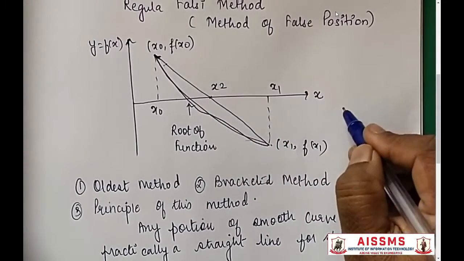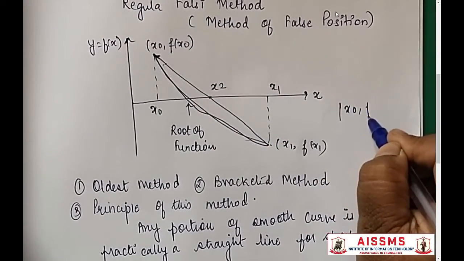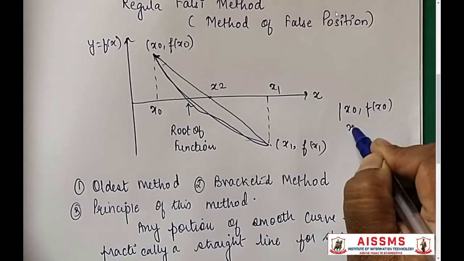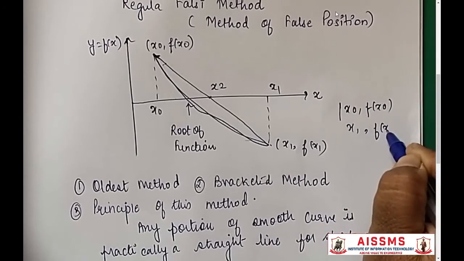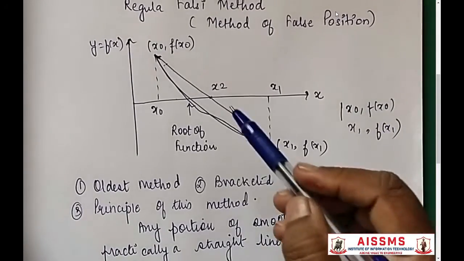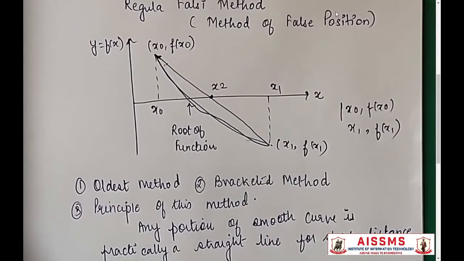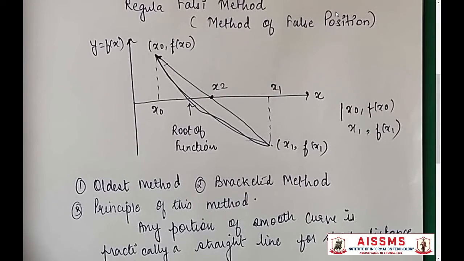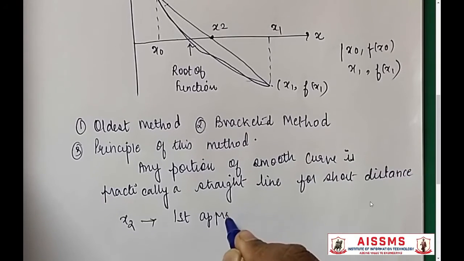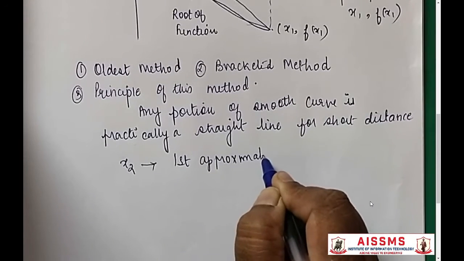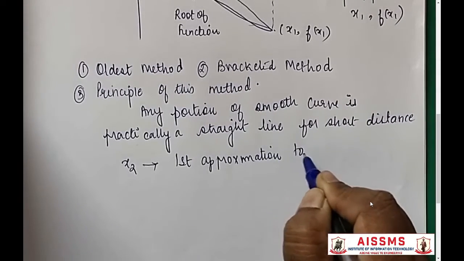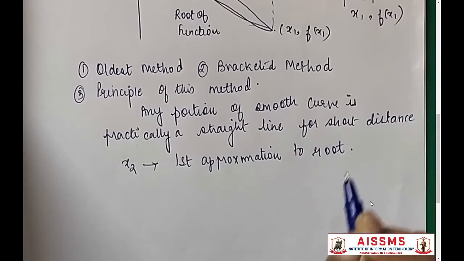So I have joined the coordinates x0, f of x0 and x1, f of x1, and I have intersected that line on the x-axis to give me the point x2. So x2 becomes our first approximation to the root.